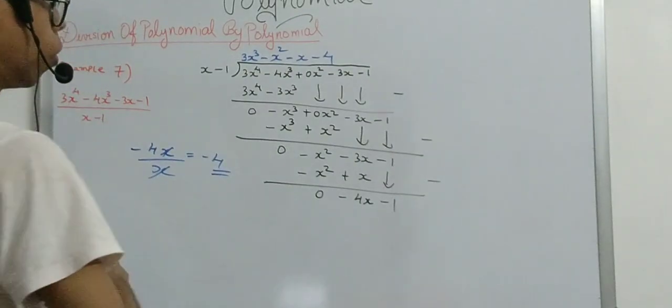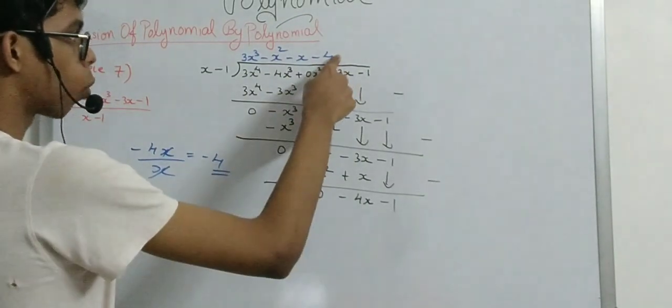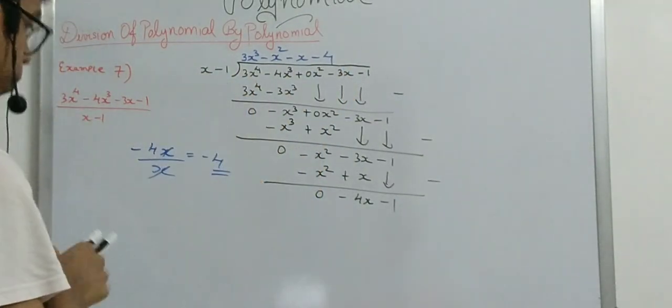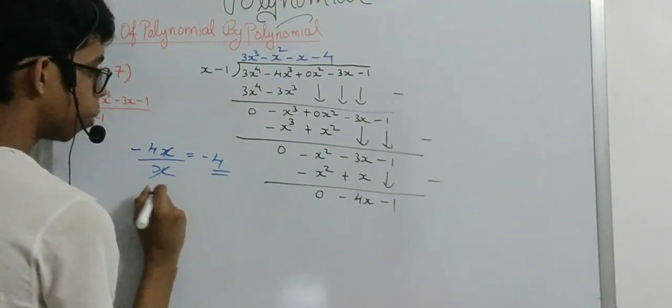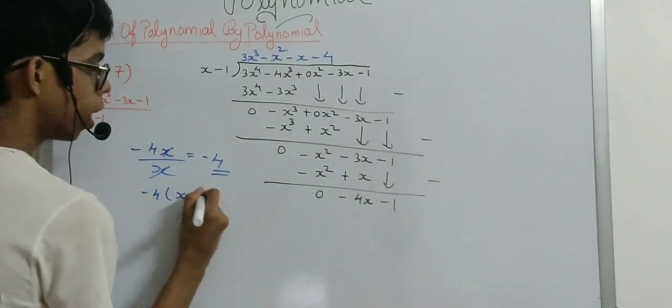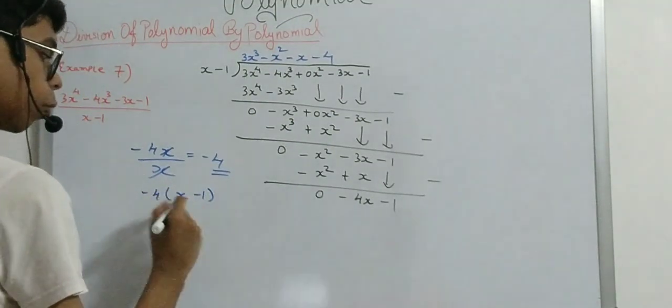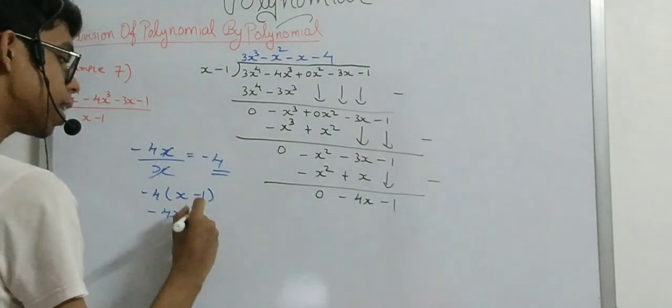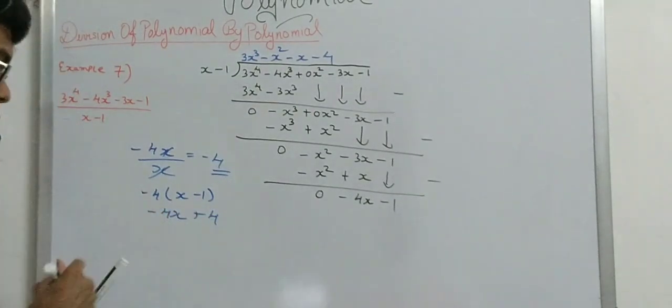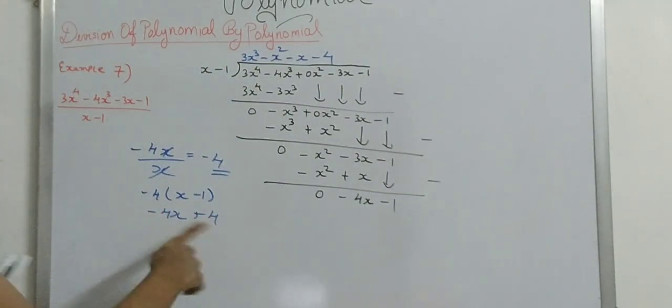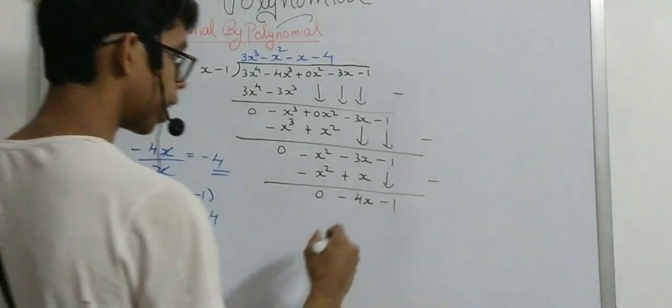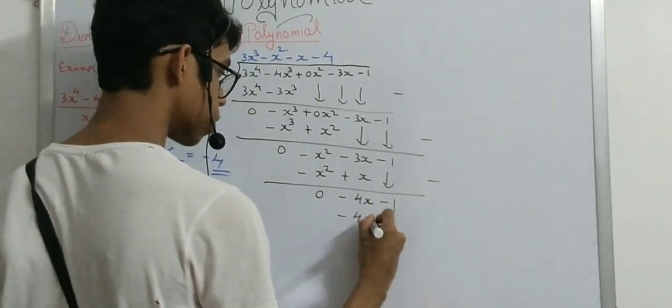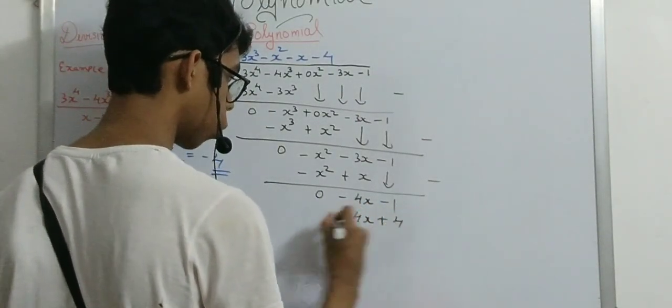Now what should you do? We have to multiply the fourth term with the divisor. So minus 4 into x minus 1 means, when you open the bracket, minus 4x plus 4 you will be getting, isn't it? So I am writing it over here, minus 4x plus 4.